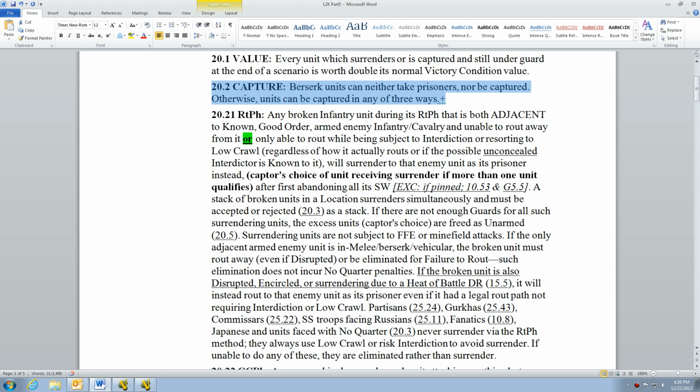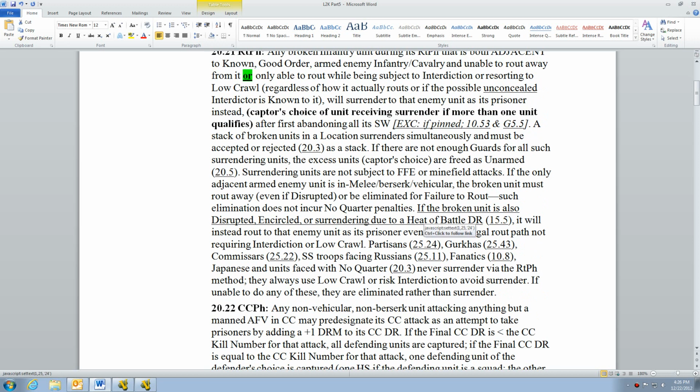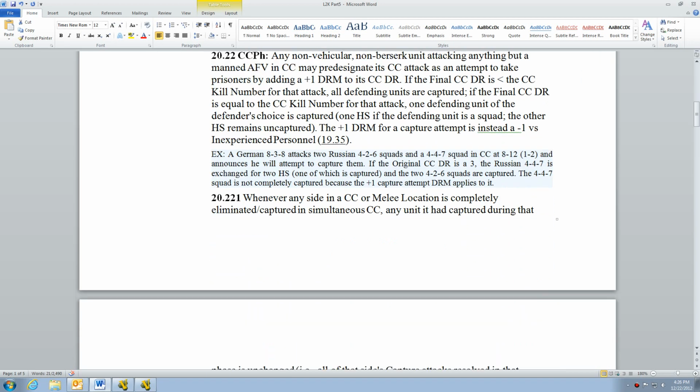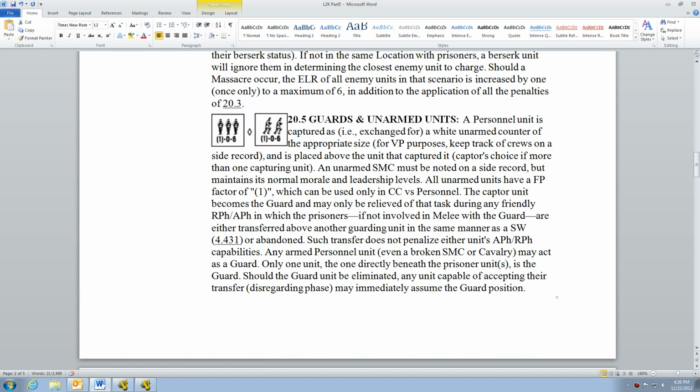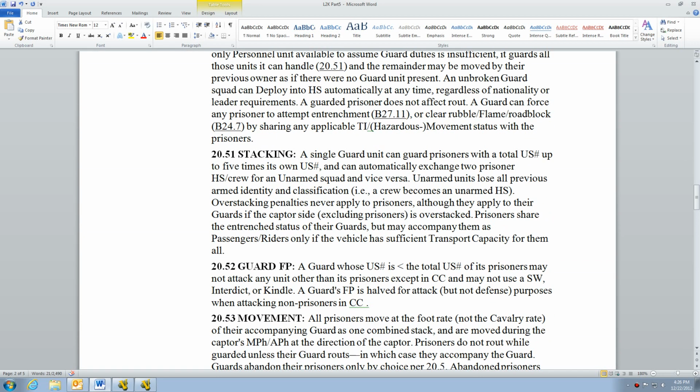And there are some rules associated with berserk units and prisoners, and I will show you those here as soon as I find them. I've read this like 20 times in the last 2 days. I should know where these parts are.